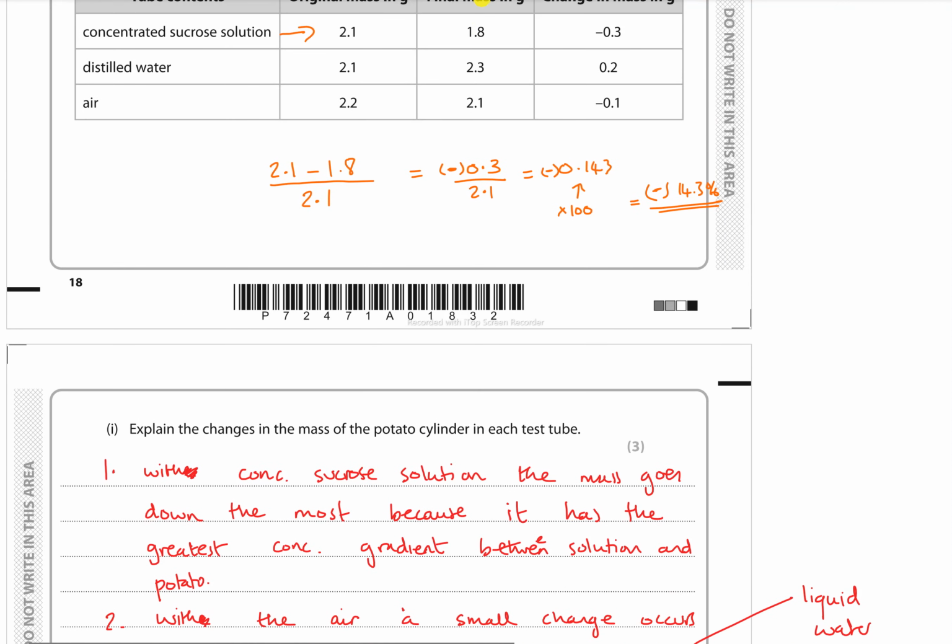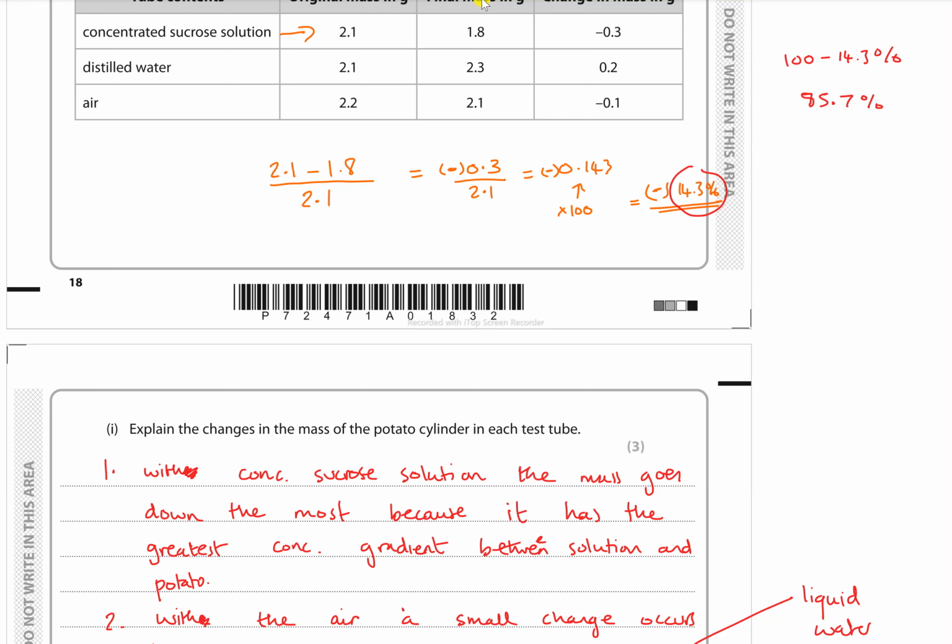Right, let's do it down here. Watch this. So we've lost 14.3%. I'm going to use the multiplier method. 100% minus 14.3% equals, not 70, sorry, 85.7%. I'm going to try doing it all in one go.